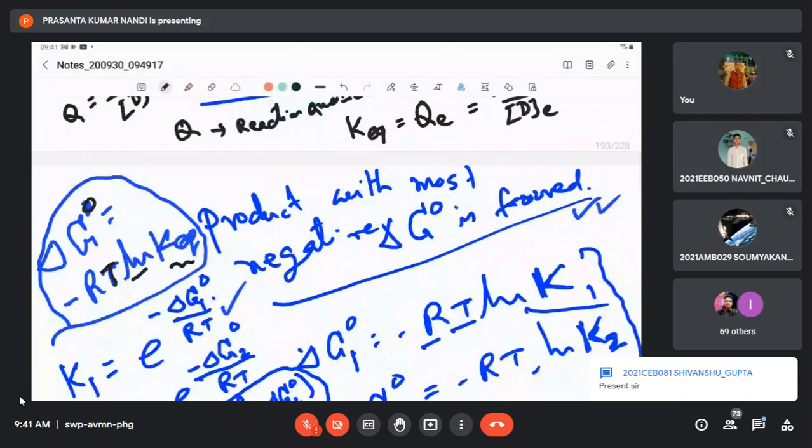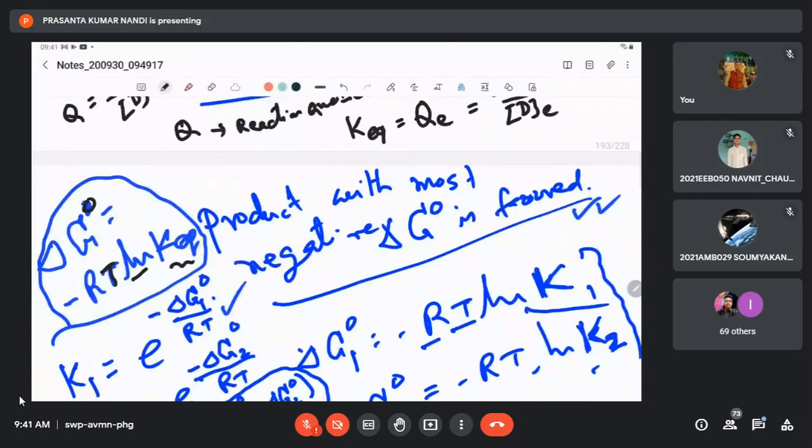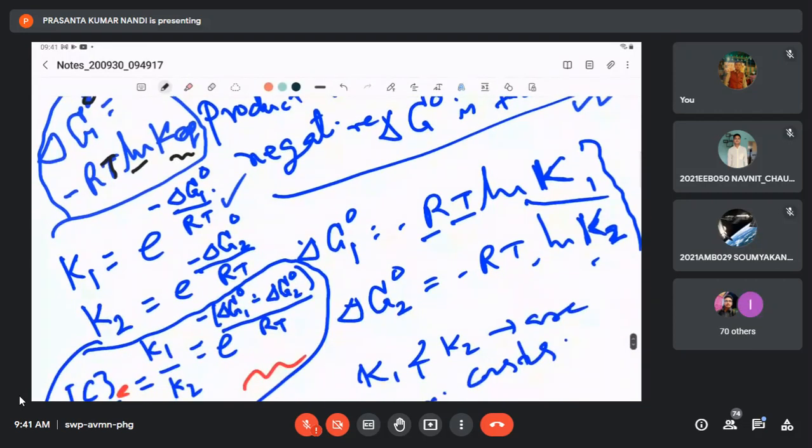Naturally, the product with the most negative delta G0 is favored. That I am telling you. Suppose you compare two equilibrium constants, A to C and A to D. So K1 is equal to, we can write, K2, this expression I have written in this form.